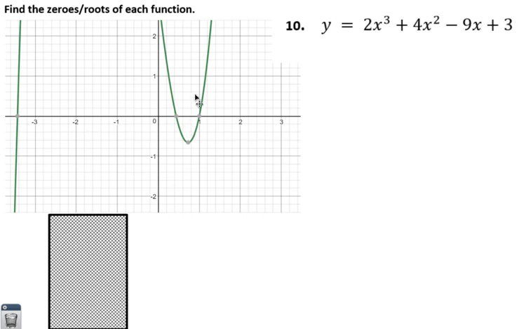So here's the graph you would see. And when we look at what these values are, see right there? That is exactly 1. So one of the zeros was 1. In other words, one of the bubbles was x minus 1. That's one of the factors.